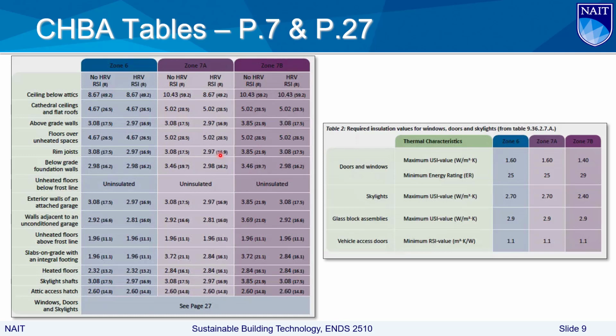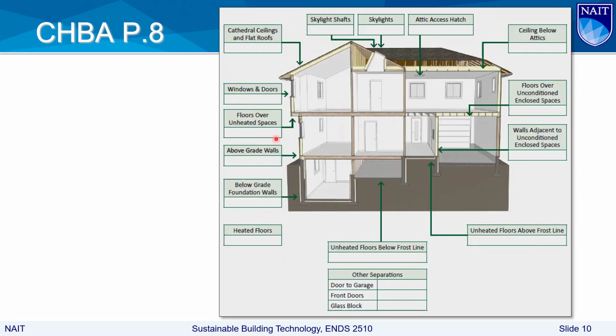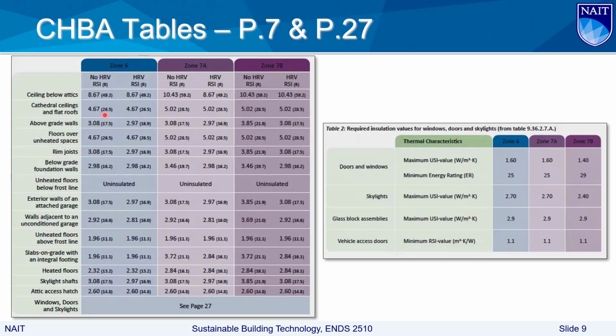If you don't remember what the rim boards are, or what is the floor over the unheated space, take a look into slide number 10, and all of them here is, let's say, the floor over unheated space. This protrudes out. Take a look at this sketch and decode every jargon here and all the components provided in this sketch to understand exactly what these terminologies are about.